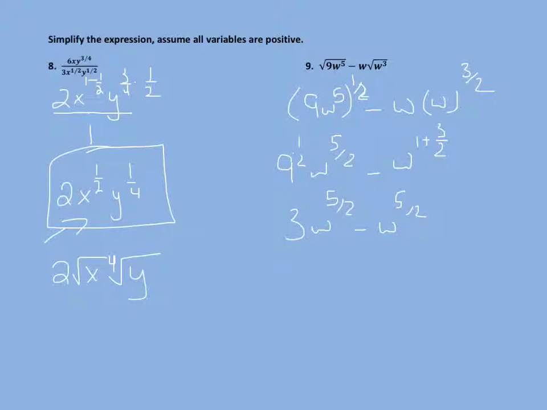So I can factor out and get 3 minus 1, which is 2. So you have 2w to the 5/2. Alright, if you need to, rewatch this a little bit, but it should make some sense. So just make sure you guys are ready to roll. Okay?